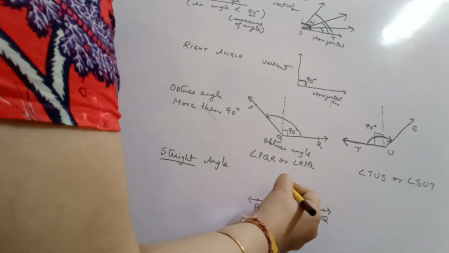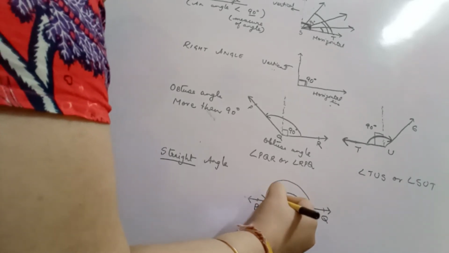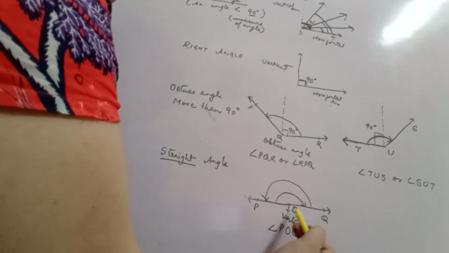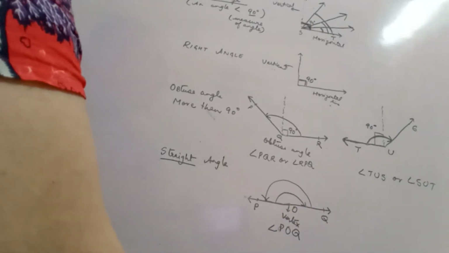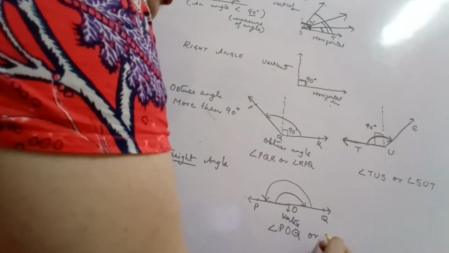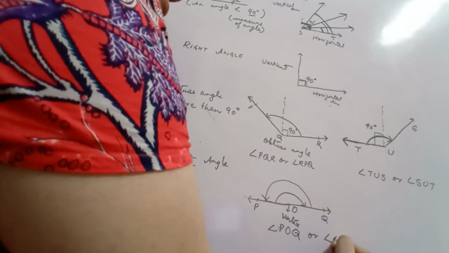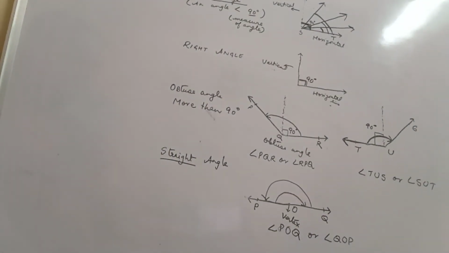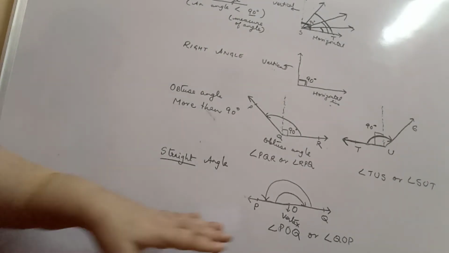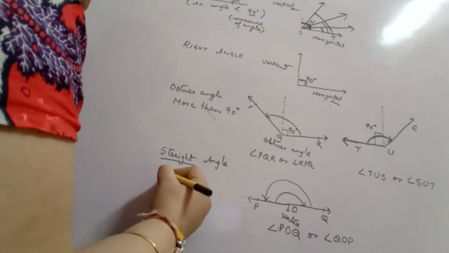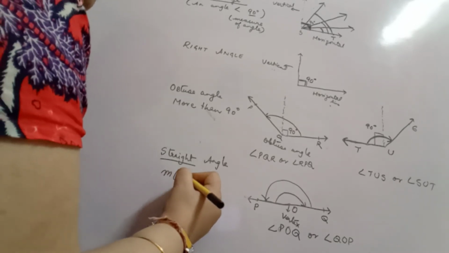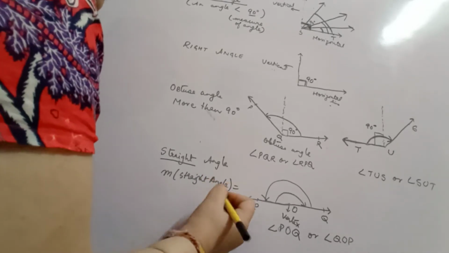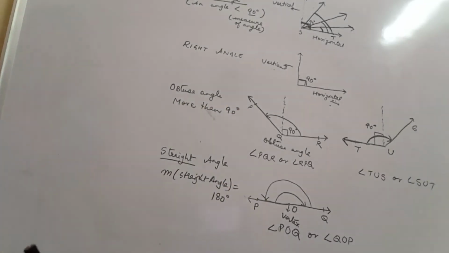Or I can move from QO to QP. So this is angle QOP. So this is our straight angle. Now what is the measure of a straight angle? This is important. It is 180 degrees.